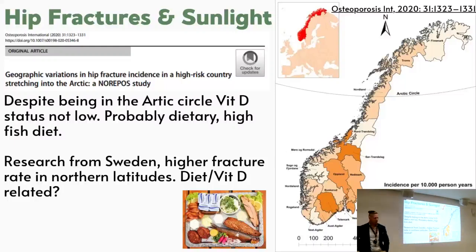And then you can have a look. We've got a graphic down at the bottom, and the darker the colour, the higher the prevalence rate of fractures per 10,000 people. The lighter the colour, the less likely you are to have a fracture. Now, the hypothesis is the further north you are, the less sunlight exposure you have, the less vitamin D you're likely to get.